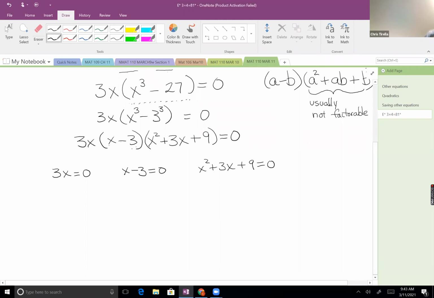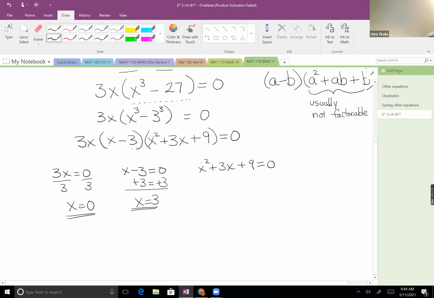This first equation is first degree. It should only have one solution. If I divide both sides by 3, I get that x can equal 0. That one's not too bad. The second one is also first degree. If I solve this one by adding 3 to both sides, I get x equals 3. That's my second solution.